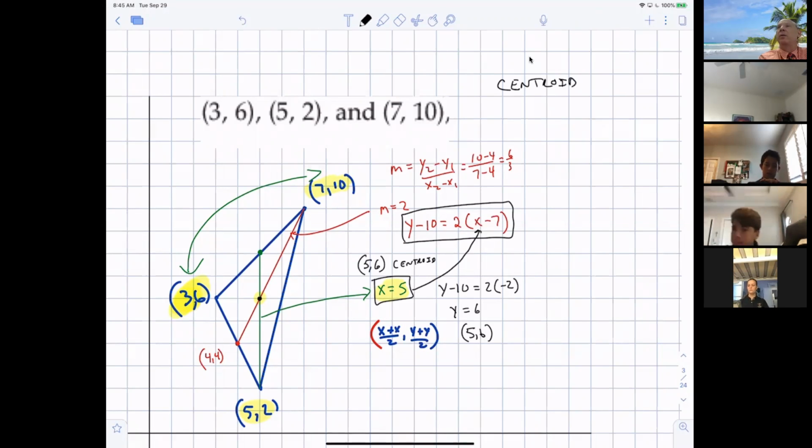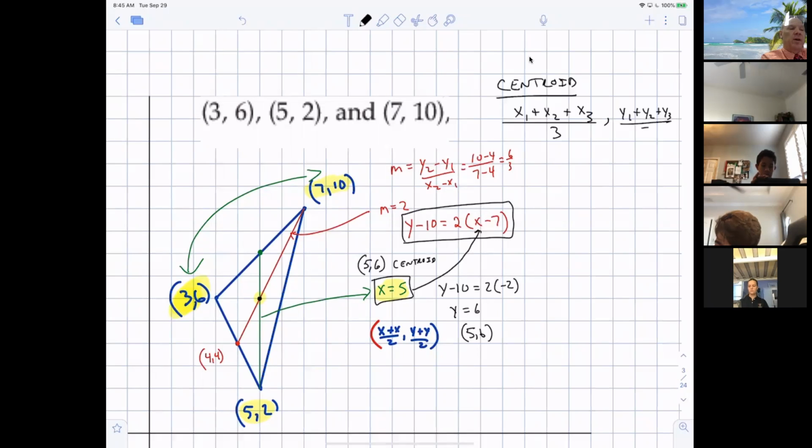Say that again. What, did you look that up? That's exactly correct. The centroid is x1 plus x2 plus x3 divided by 3, comma, y1 plus y2 plus y3 divided by 3.